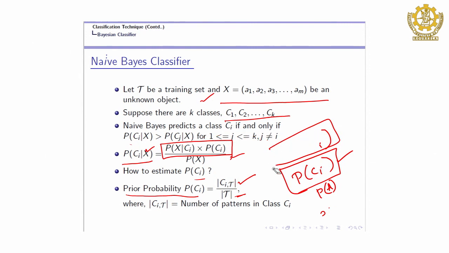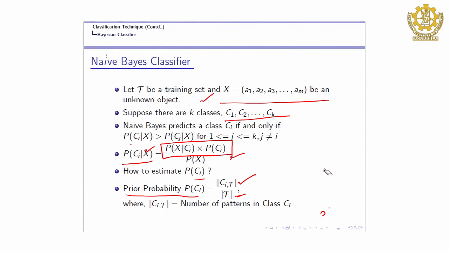So, now what we learned here: probability of Ci given X, that was the original case. From here we excluded this part and then we reach the point of probability of X given Ci into probability of Ci, and this is also very easy to find.